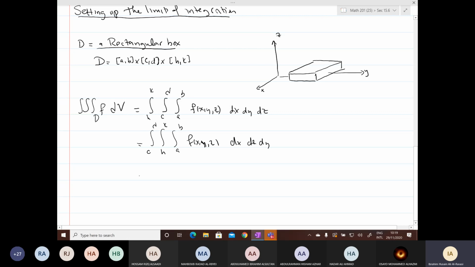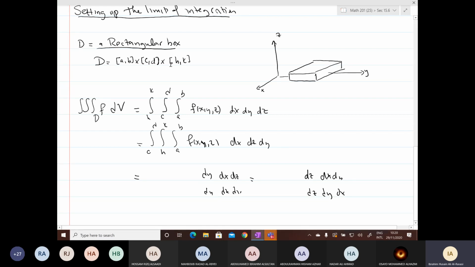Or if you start with dy, then you have dx dz or dz dx. Or you start with dz, then either dx dy or dy dx. So you have 6 possibilities.